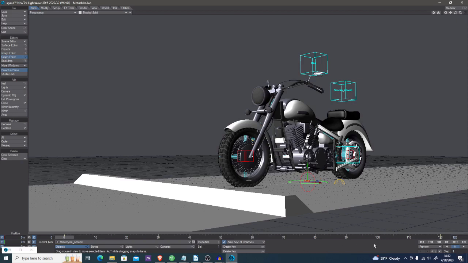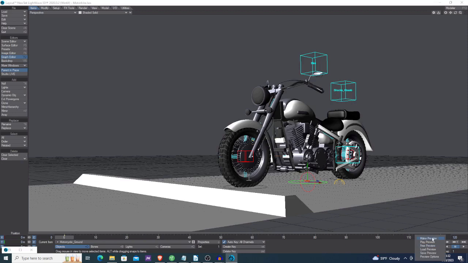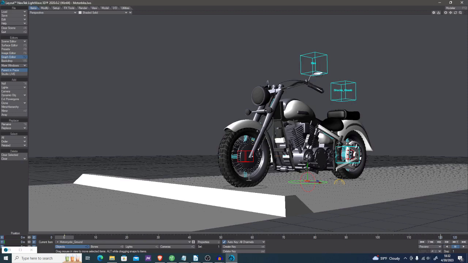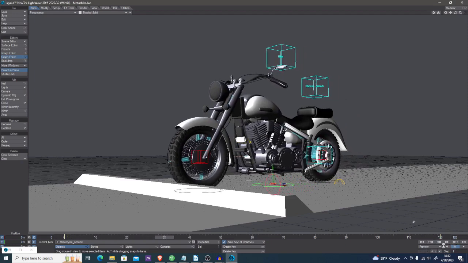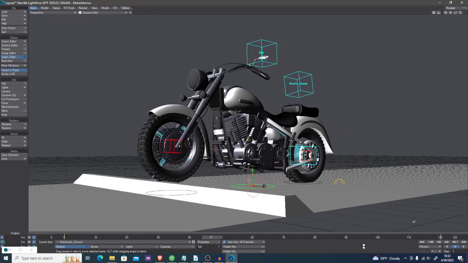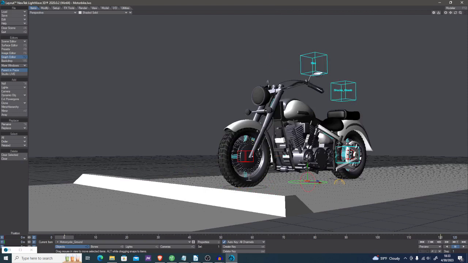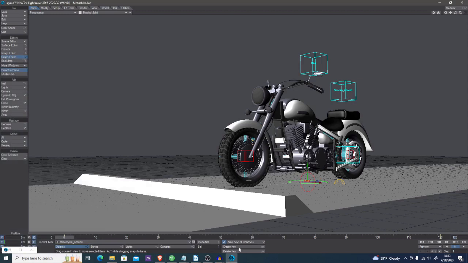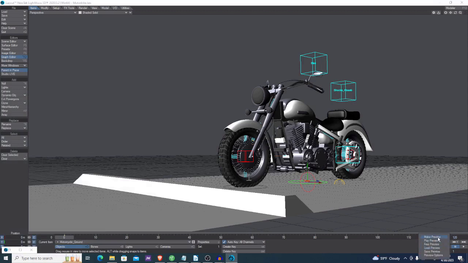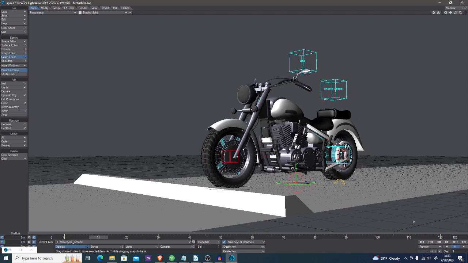Just a moment. We are going to set a preview. Well, first of all, we've seen it with the expressions off. So let's see it with the expressions on. So I've just turned on the expressions. And now take a look at it.